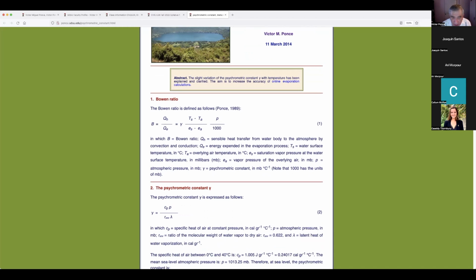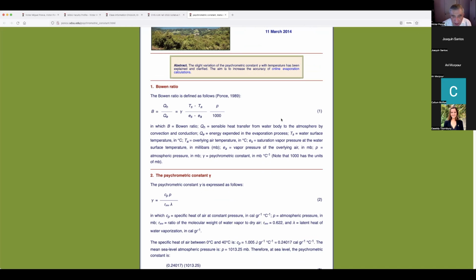T sub S, water surface temperature; T sub A, overlying air temperature; E sub S, saturation vapor pressure at the water surface temperature; and E sub A, the water vapor pressure of the overlying air. A minute ago I talked about this: because we could not get E sub S, we replaced it with E sub O, and that is correct because that's a saturation vapor pressure, but the water surface temperature is hard to get.